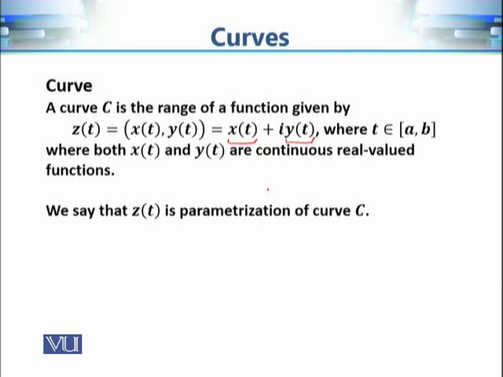So it should be connected all the way. So in other words, we can say that x of t and y of t should be continuous real valued functions. And how to check the continuity? Because these are functions of one variable, we can use our knowledge from calculus of functions of real numbers to check whether these x of t and y of t are continuous real valued functions or not. Now this curve C has z of t as parameterization.